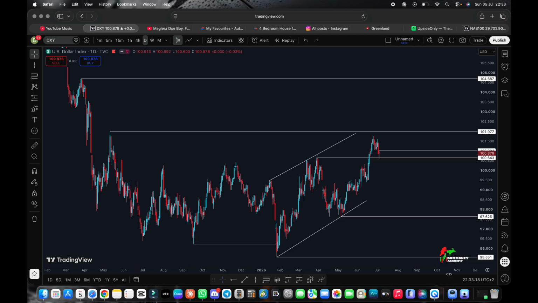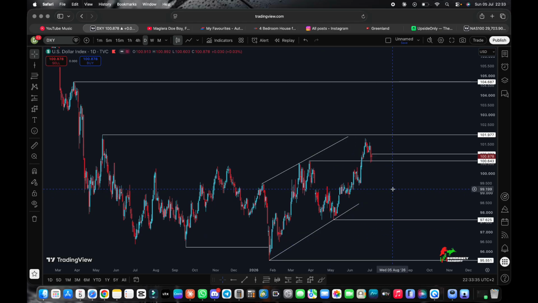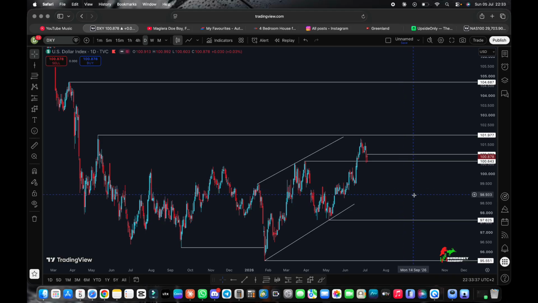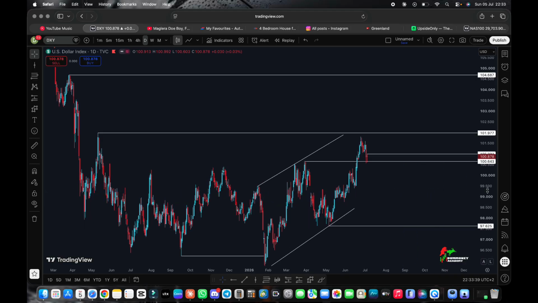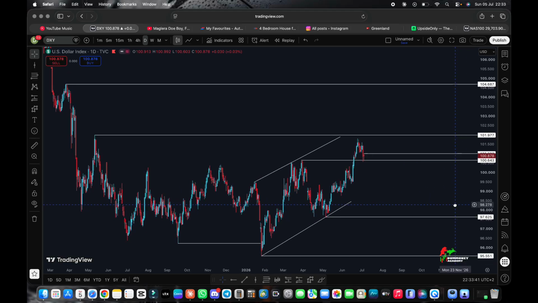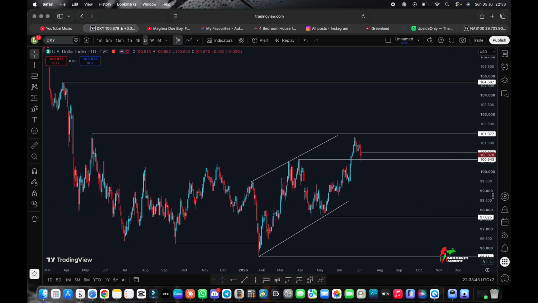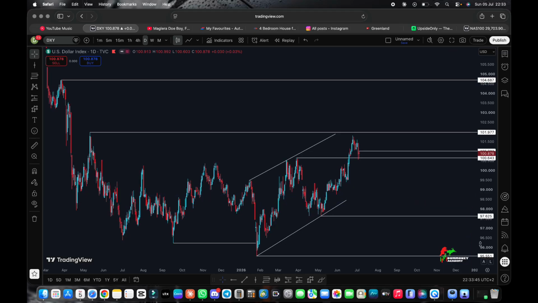This instrument is very important because it gives us an indication of how the dollar economy is performing. Why do we need to know that? Because 80% of the instruments we are going to be trading are dollar related instruments or pairs, right?